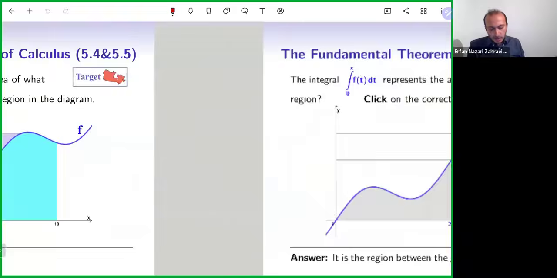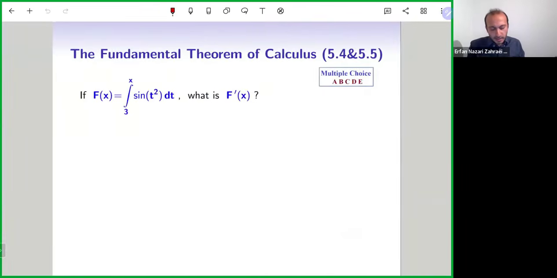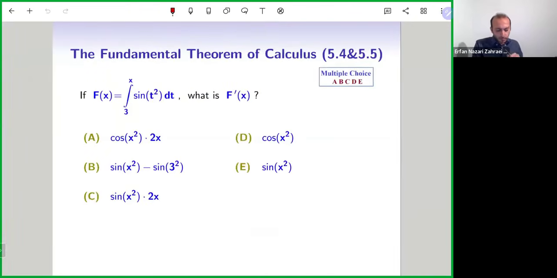Okay, now the last iClicker question is this one, which is the application of fundamental theorem of calculus part 2. We want to compute the derivative of this thing. But look at what we have.